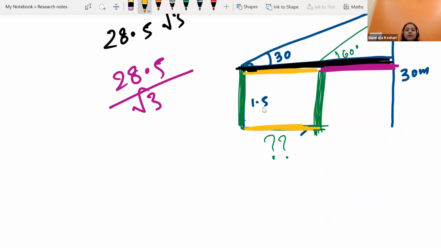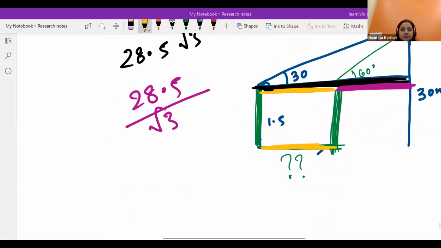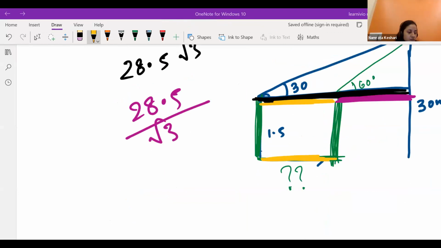Yes. Everyone getting it? Yes or no? Are you understanding the concept that from the total distance we will cut out this part which we have in hand, and we will be left with the distance which we want to find?